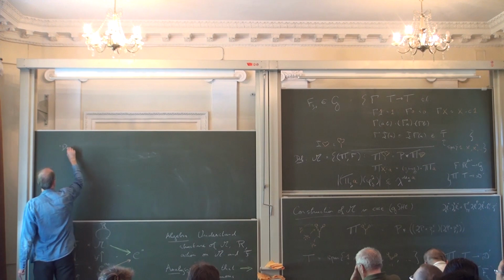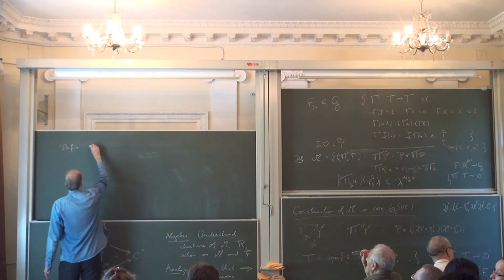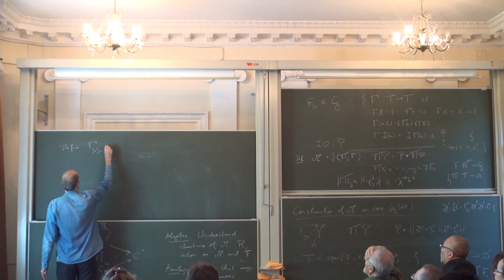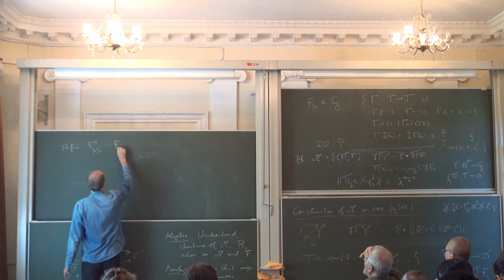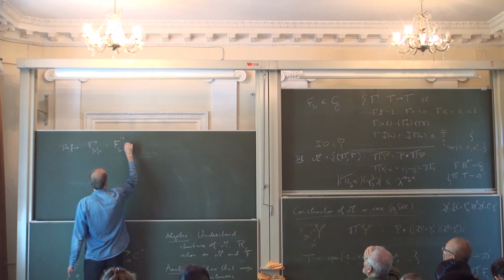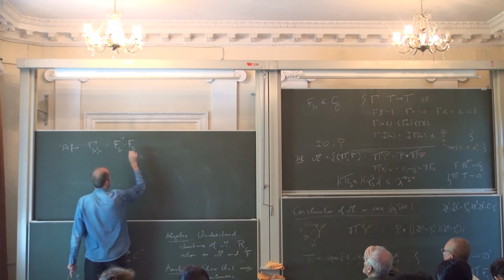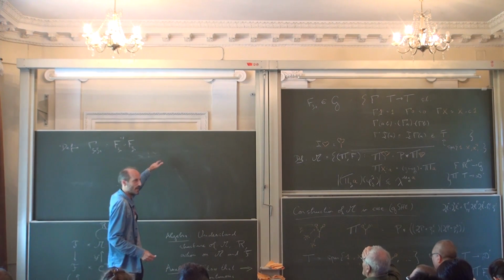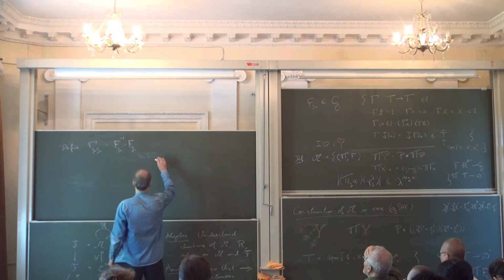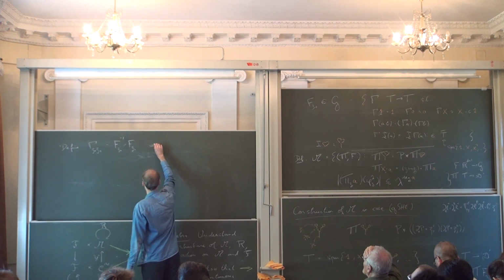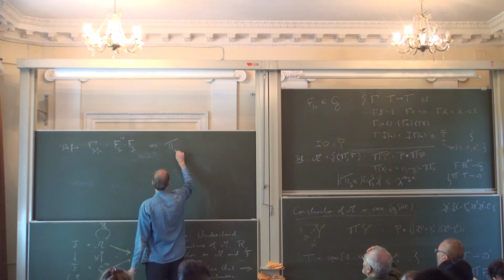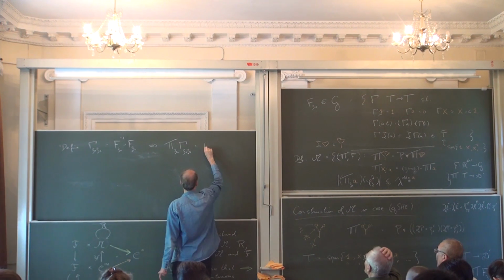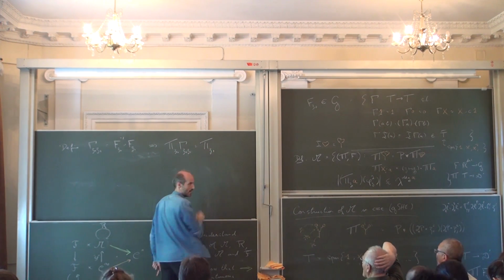If I define gamma z0, z1 to be f z0 inverse composed with f z1, then it has the property of the gammas we already saw yesterday, that pi z0 times gamma z0 z1 is equal to pi z1.